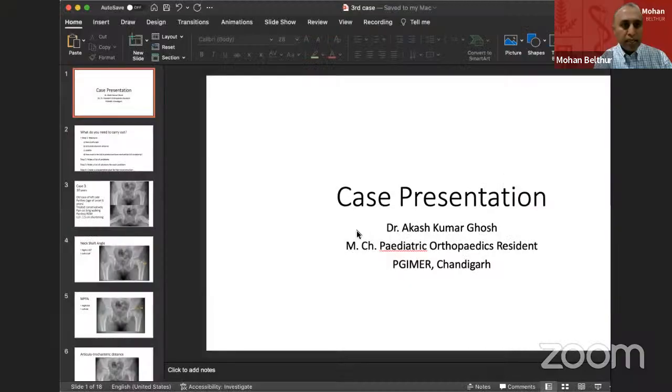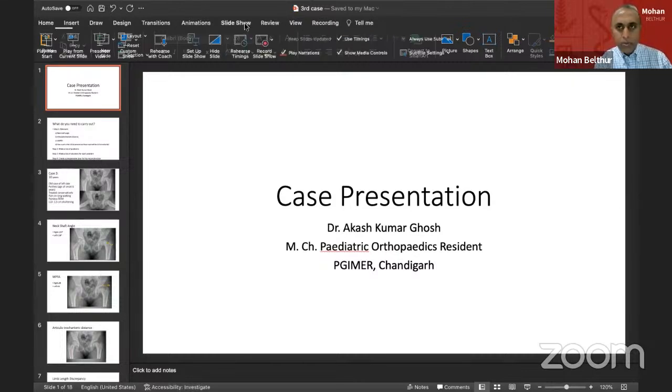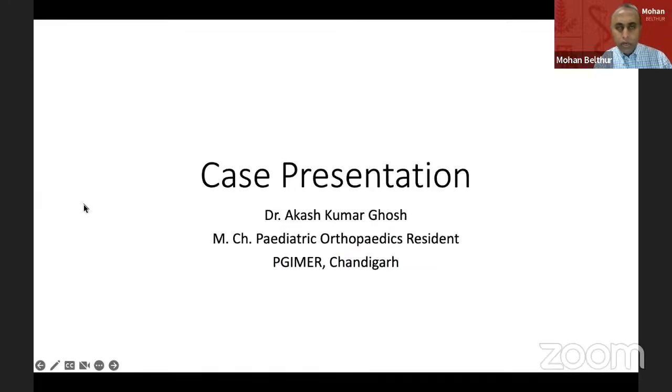Is derotation needed in this case, and what is the indication? How much to do? I think that depends on clinical exam. This is where the CT torsional profile is going to help, and also your clinical examination, like Staheli's rotational profile test. I use Staheli's rotational profile test a lot, and because I have gait analysis, I also do dynamic evaluation of the child before I do any rotation.